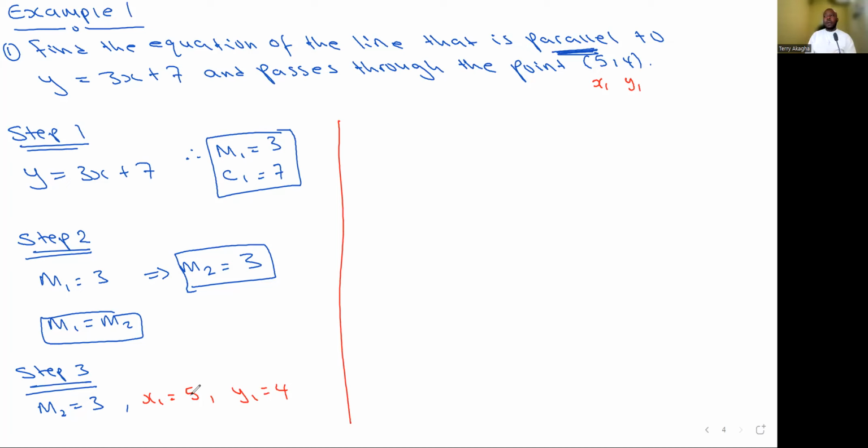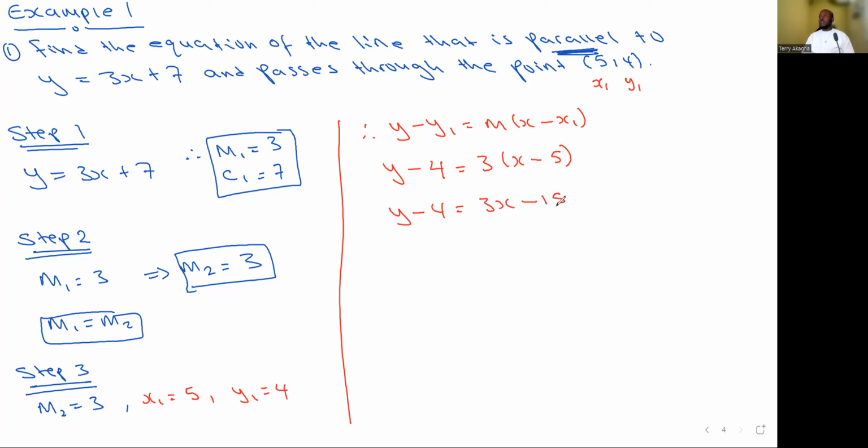So what method do you think we should use? Yes, we're going to use the point-slope form: y - y1 = m(x - x1). That gives us y - 4 = 3(x - 5). That'll give us y - 4 = 3x - 15.